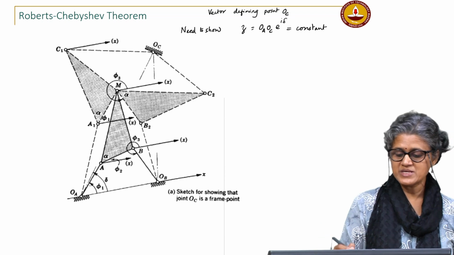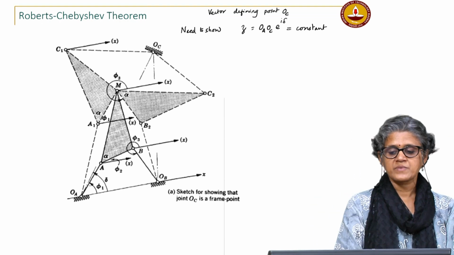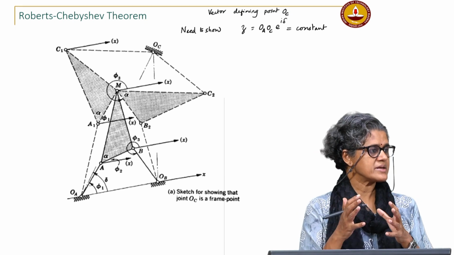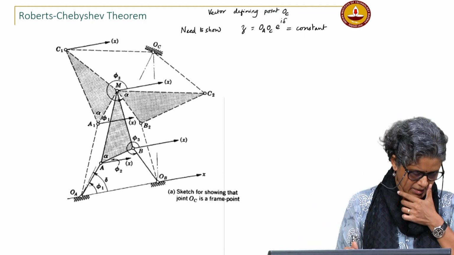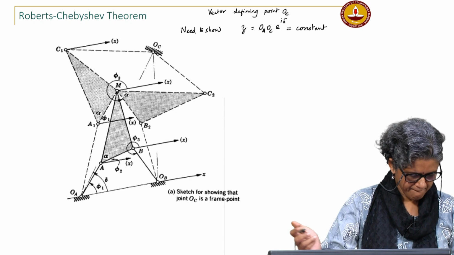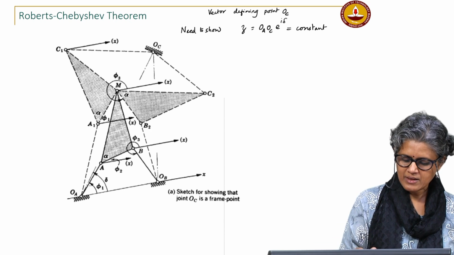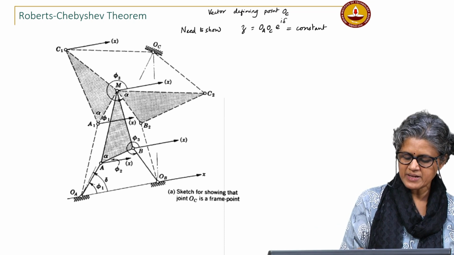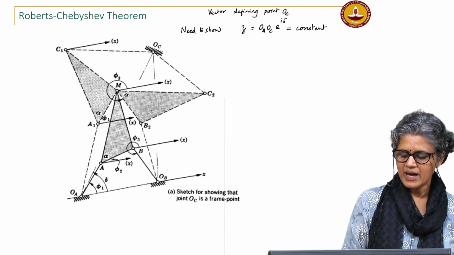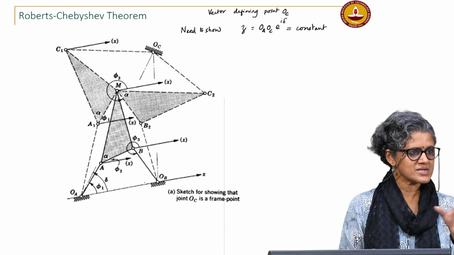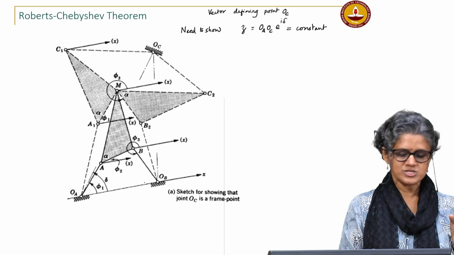I want to express this distance in terms of the parameters of the original linkage, and ultimately I want something that is independent of the angles phi 2, phi 3, etc., because those are the ones that are going to change as the linkage moves.